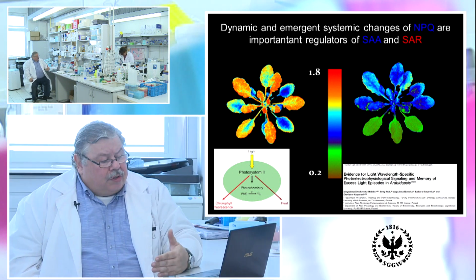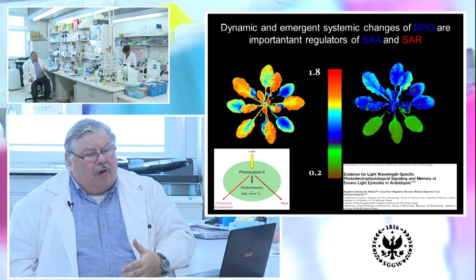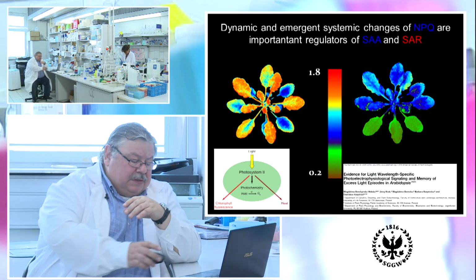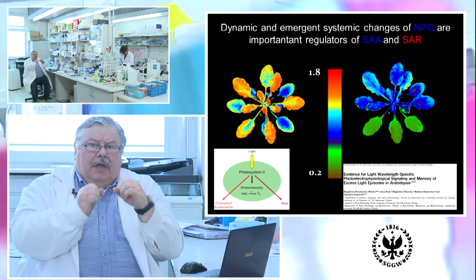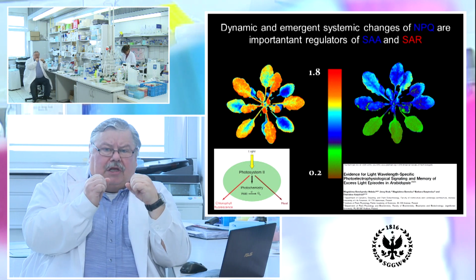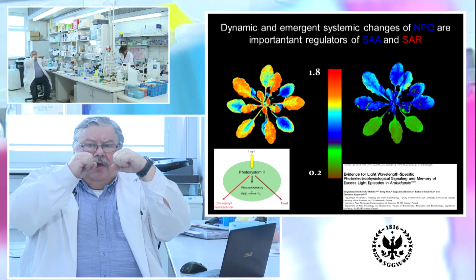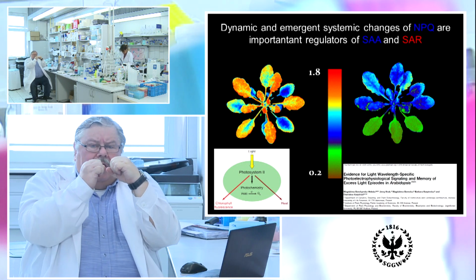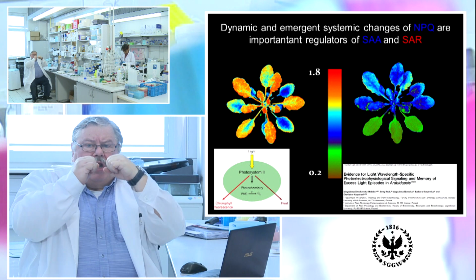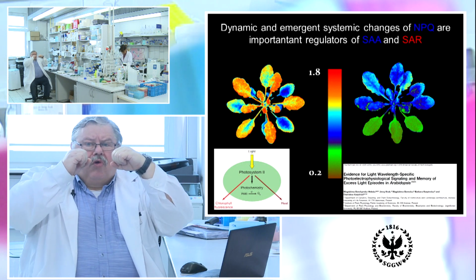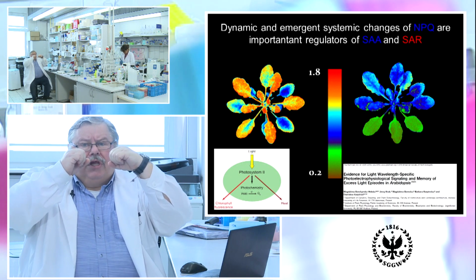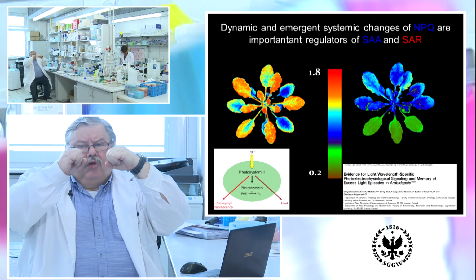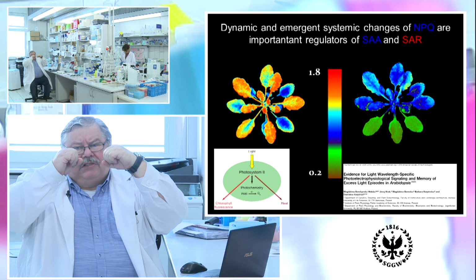This is very important because it shows that the conformation of the photosystems is changed between local and systemic leaves. Whenever the light antennae increase their distance from the reaction center, there is more fluorescence, more heat is produced, and less energy goes to photochemistry.